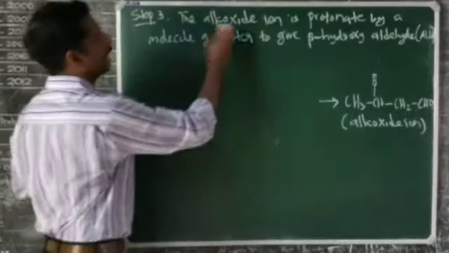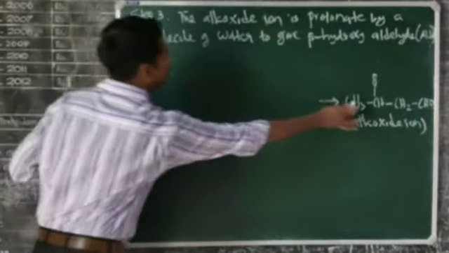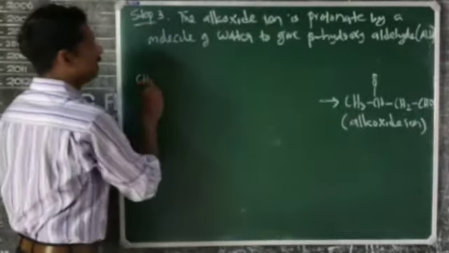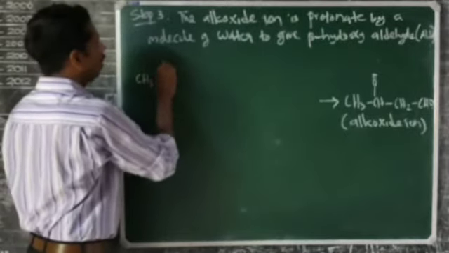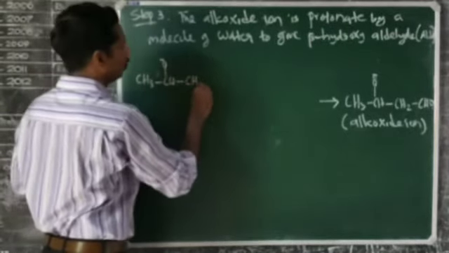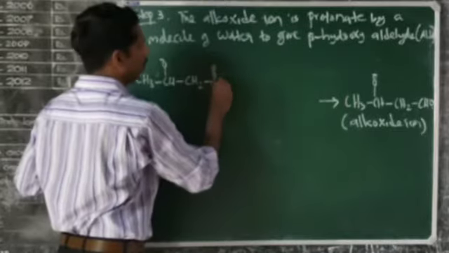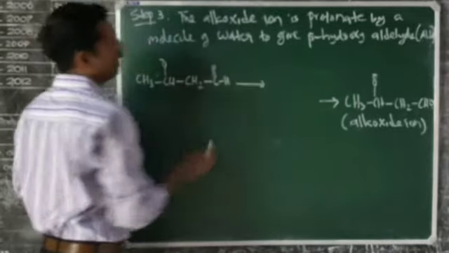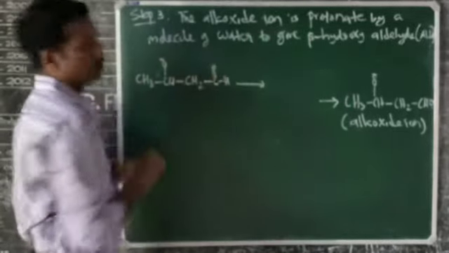So I am writing the alkoxide ion. This is our alkoxide ion: CH3, CH, O minus, CH2, CHO, C double bond O, H, which will be protonated by a molecule of water.